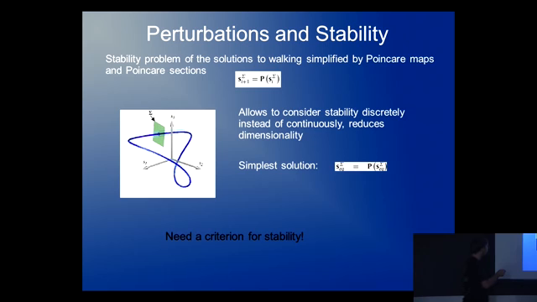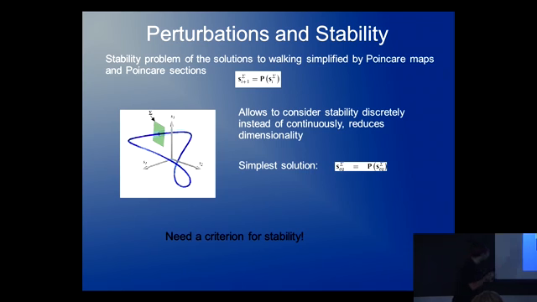To get the next point where it intersects the section, we apply the so-called Poincare map. And we get a selection of points like here, here, here, and here. It allows us to simplify the problem of studying stability to a discrete event rather than a continuous one. Obviously, the simplest solution is a stable solution, which is the blue curve.